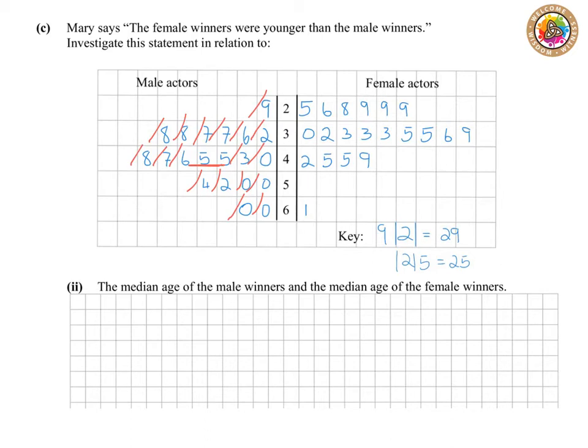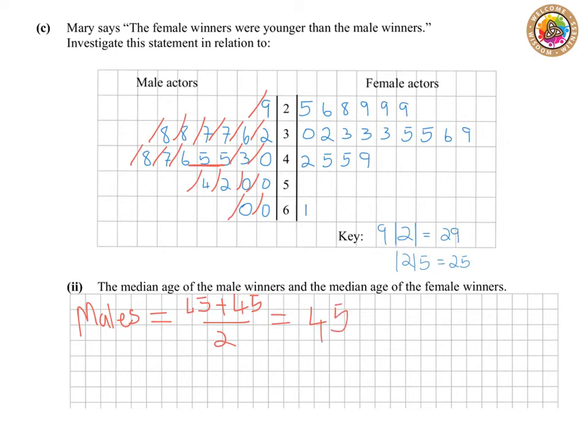So my median for males, well, I can see very clearly what it is, but just to display, it's going to be 45 plus 45 divided by 2, which is equal to 45.